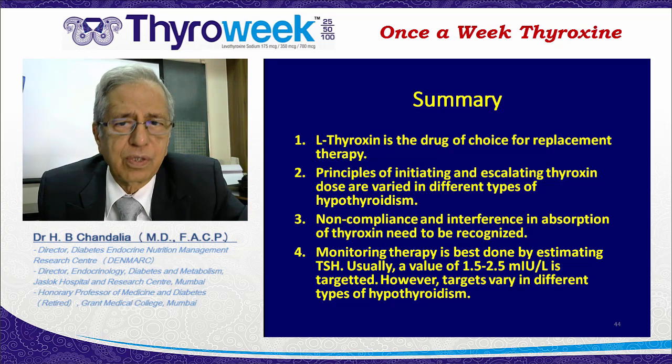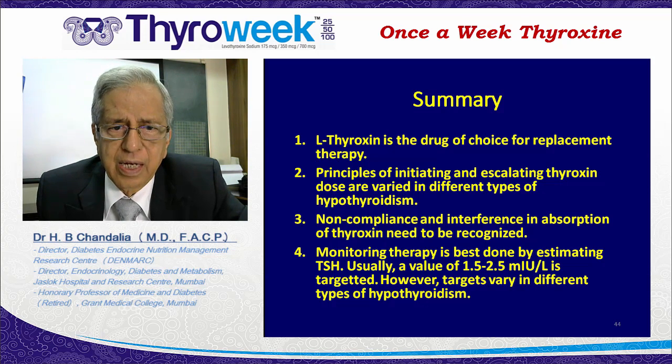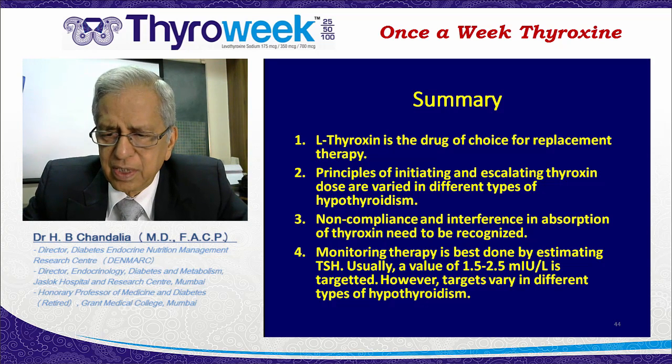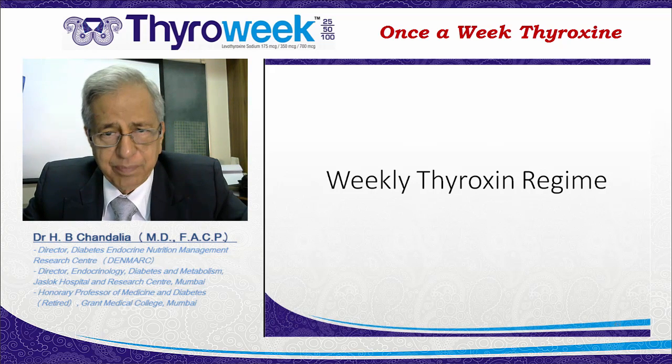You should look for non-compliance and interference in absorption, and you should recognize that whenever the tests are not normal after giving the adequate doses of thyroxine. And remember that you should monitor therapy carefully and target a value of TSH somewhere between 1.5 and 2.5 milliunits per liter. So this is the way we can summarize this.